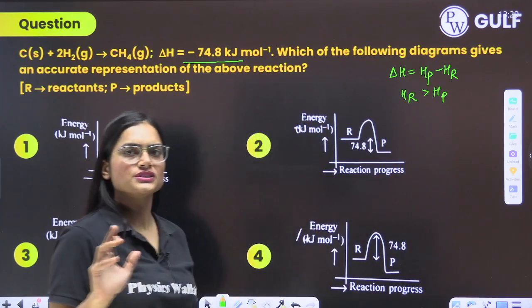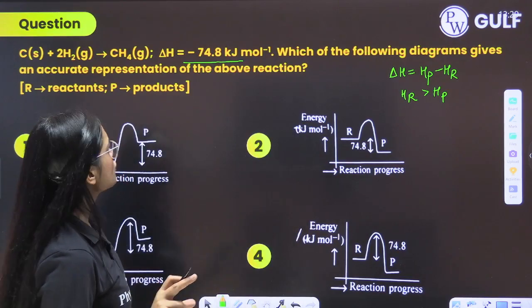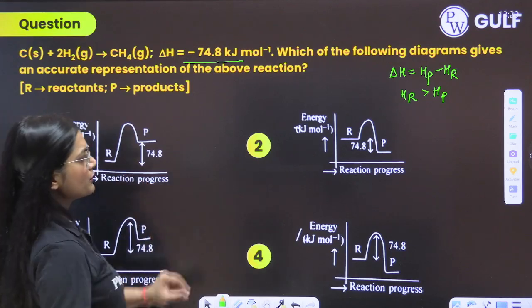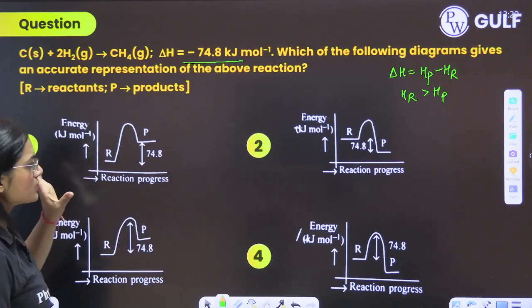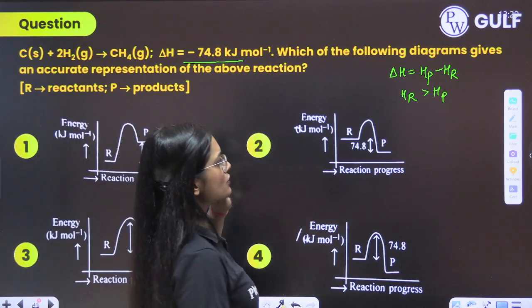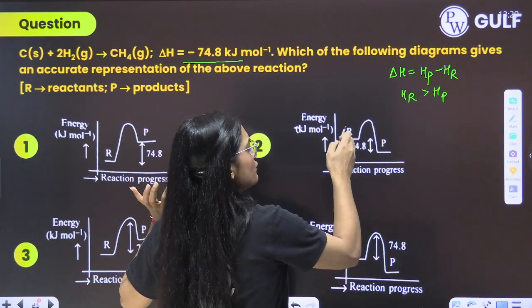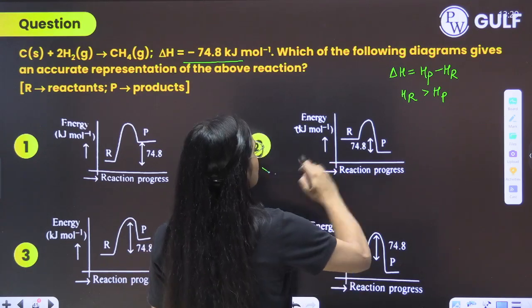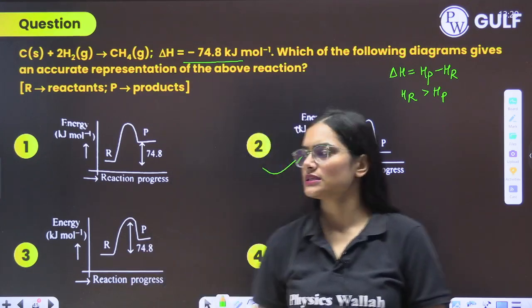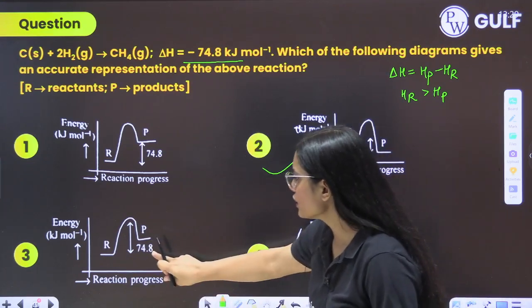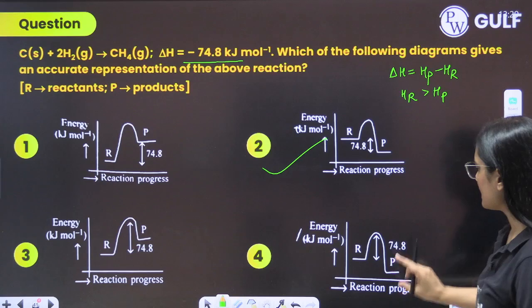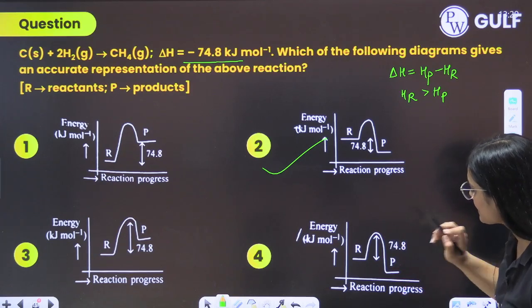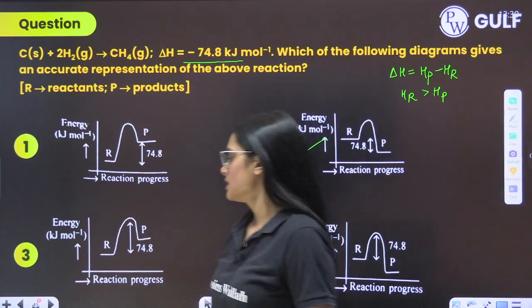Then only the difference is coming as negative. So here enthalpy of reactant would be more. Option first is not the answer. Second is the answer over here because enthalpy of reactant is more as compared to product by 74.8. That is why option second is the right answer here. This is not correct. Reactant enthalpy is less, and here they are representing activation energy. This is not right. Next one.